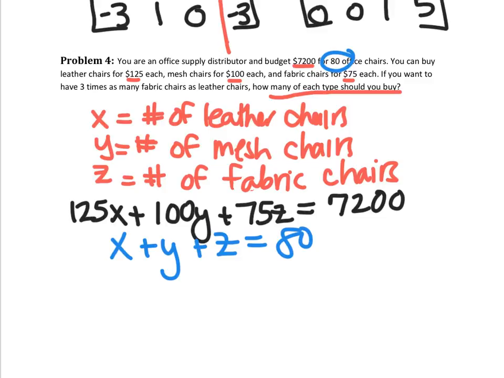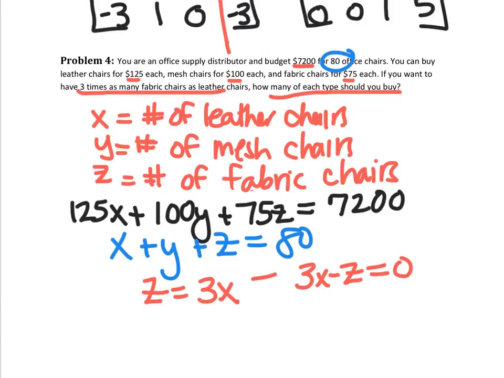Now I'm looking for one more fact. The last piece of information is you want to have 3 times as many fabric chairs as leather chairs. So if I have x leather chairs and I want 3 times that for fabric, I'm going to set z equal to 3x. Putting it in standard form, that would look something like 3x - z = 0.